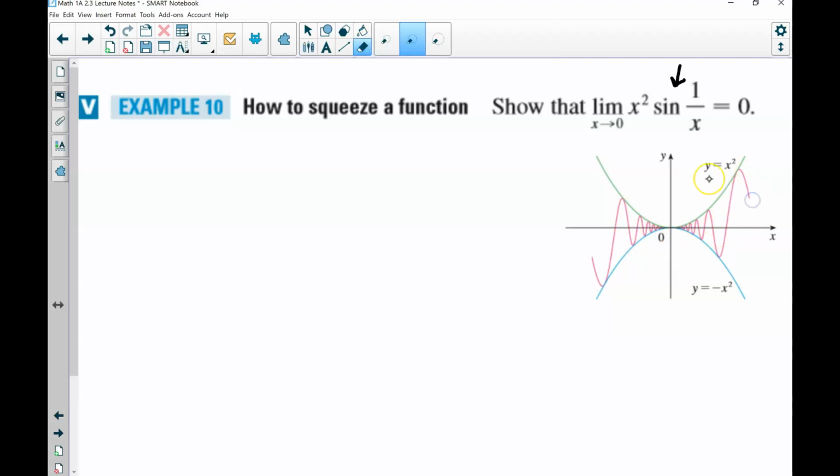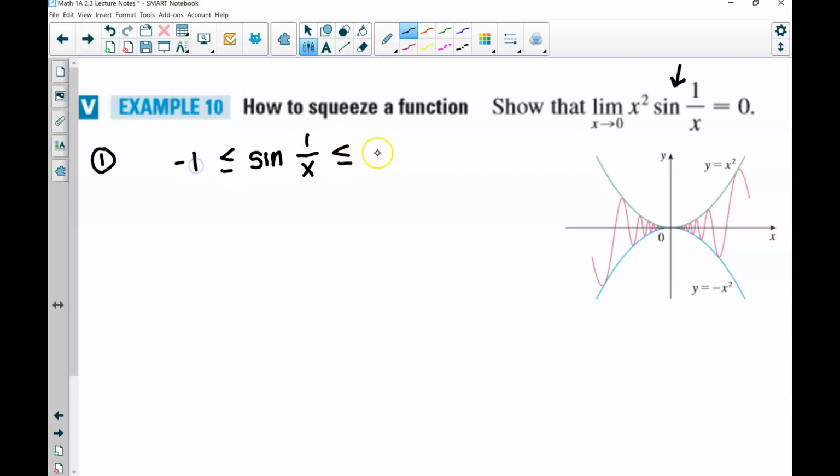Now, according to our trig rules, the sine of 1 over x has to be between -1 and 1. Now, what is happening to the sine of 1 over x? Well, it's being multiplied by x squared.